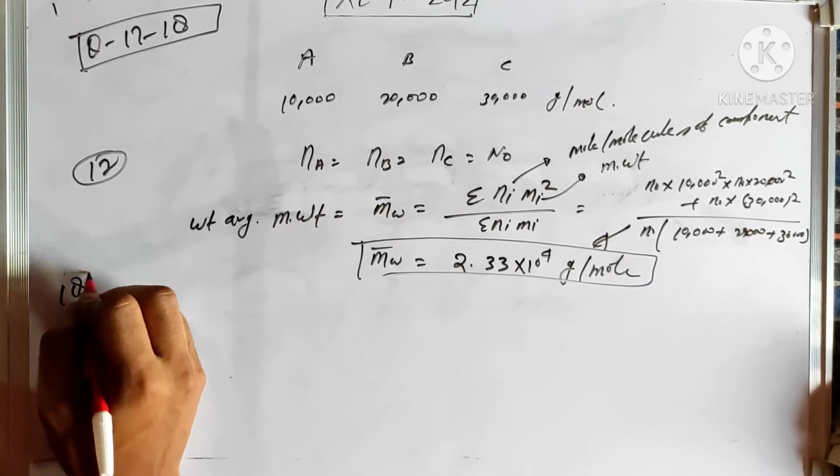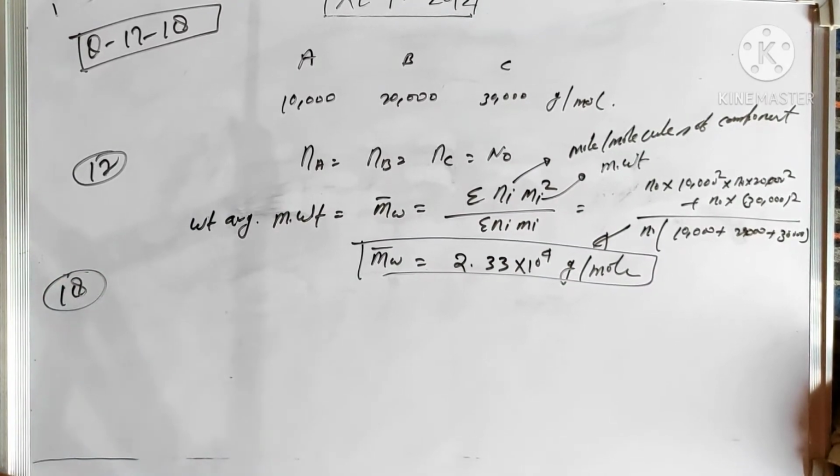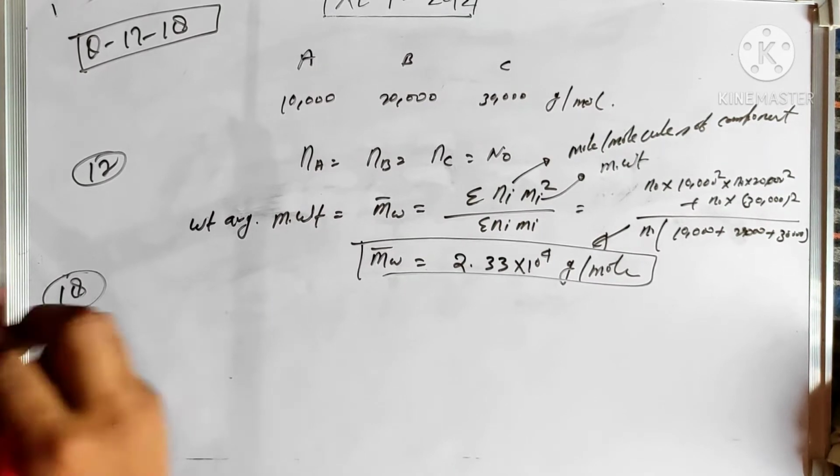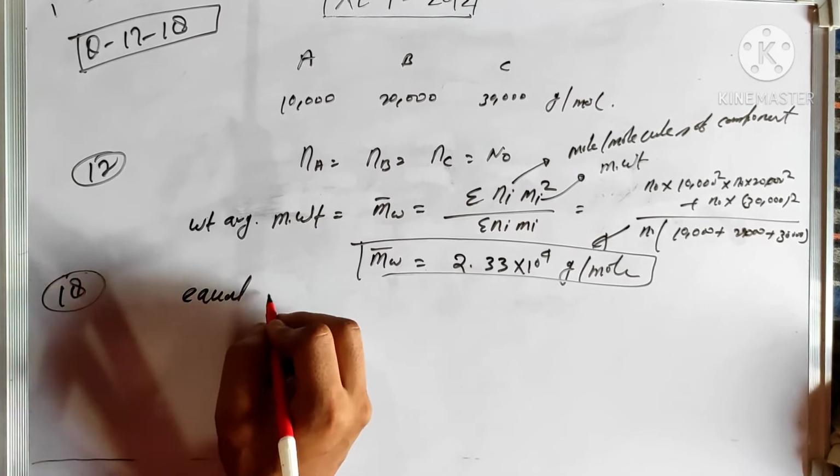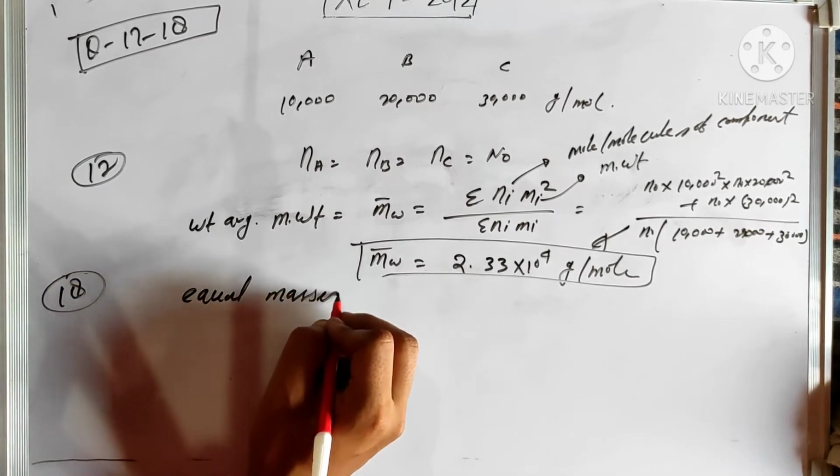And question number 18. Given that the mixture contains equal masses.